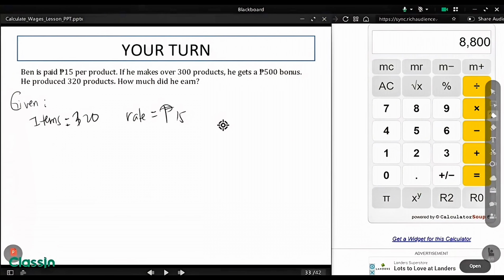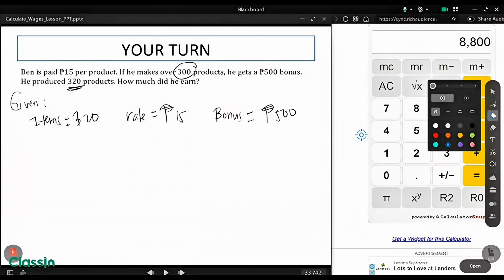And it says here that if he makes over 300 products, he gets a 500 pesos bonus. And as you can see here, he makes over 300 products. Why? Because he produced 320 products. That's why he has a bonus. So additional or bonus of Ben will be 500 pesos.